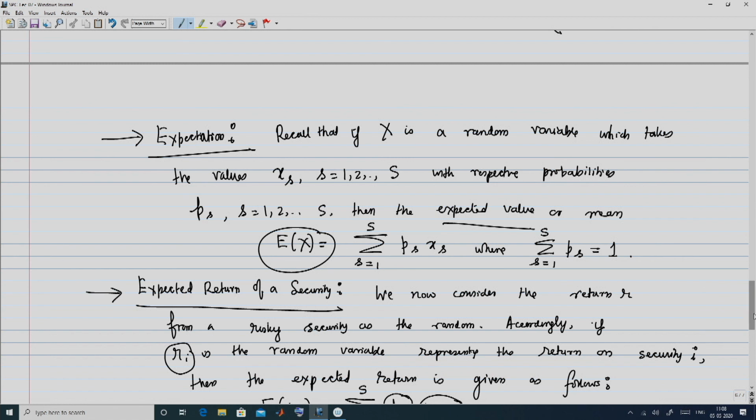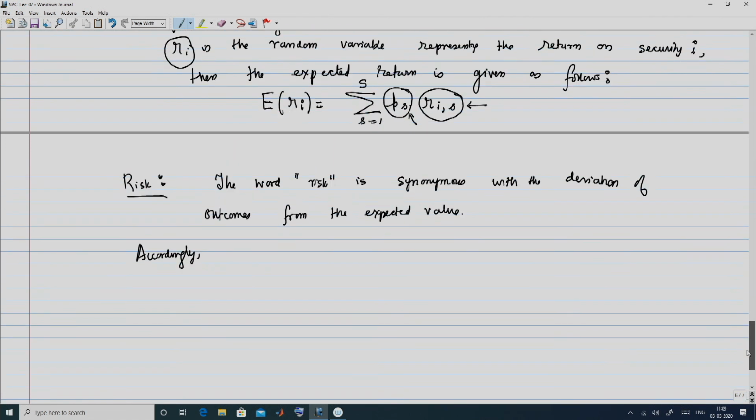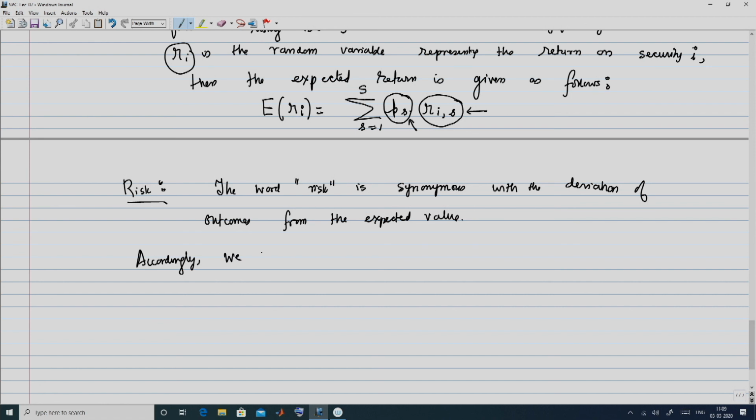So, if I again look at the counterpart of this definition of expectation, I will extend this specifically to a risky security. Accordingly, we consider the variance or standard deviation about the expected value.